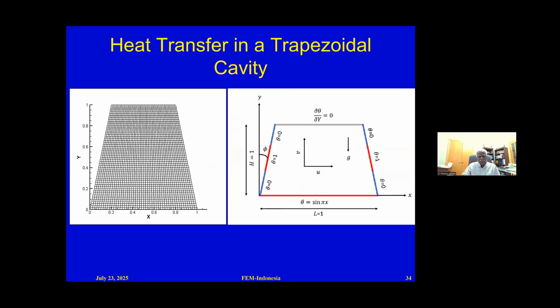In addition to the velocity and pressure coupling, the temperature also couples with the momentum equation. So it's one more level of complication. Since it's a wall, it's all no-slip wall all around. Temperature-wise, it is shown here: theta equal to 0, theta equal to 1, non-dimensional temperature values, and the normal derivative is 0 here and the same here. And then you can see that it is a sinusoidal variation on this boundary.